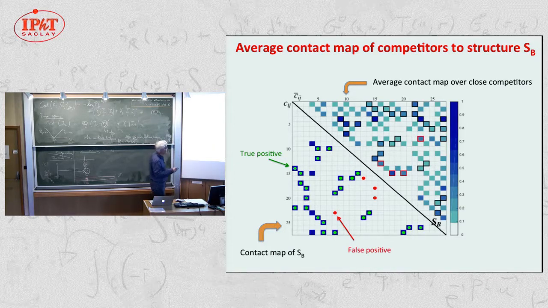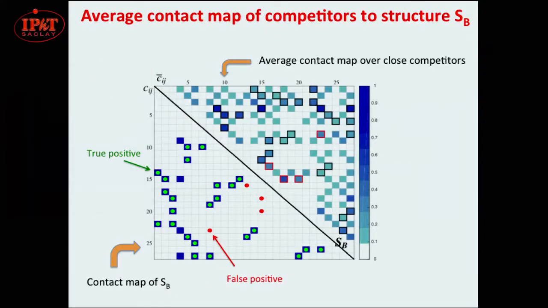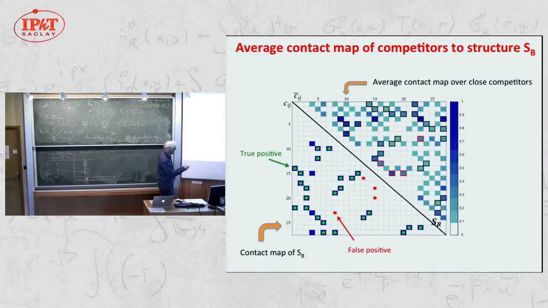So now, let's look at the other one. That's the C bar ij, which is the average contact map over all the other competitors, where we put a lot of weight on the structures whose probability is not too low compared to the other ones. And you see these kinds of things here. What you see is that these large couplings actually correspond to some large C bar values here.